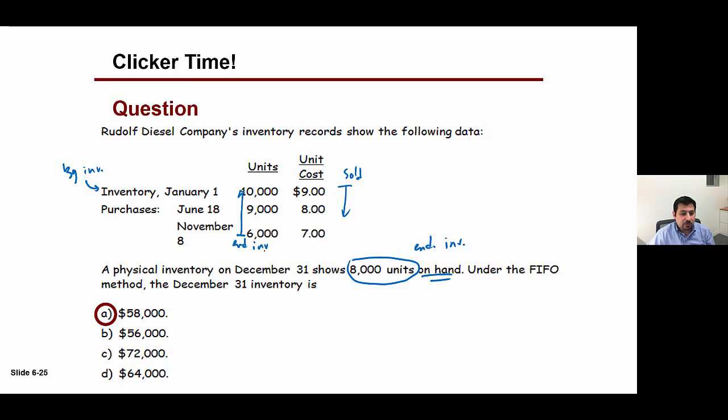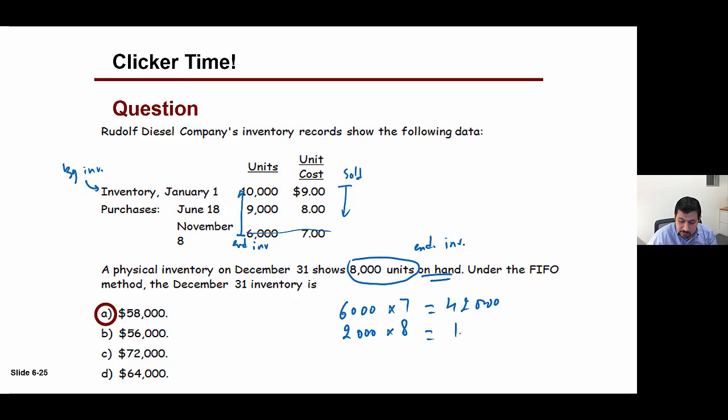We have 8,000 units, so we can take 6,000 from the first box, which was purchased at $7 per unit. That would be 42,000. We still have 2,000, which will be taken from the purchase before that, which was at $8.